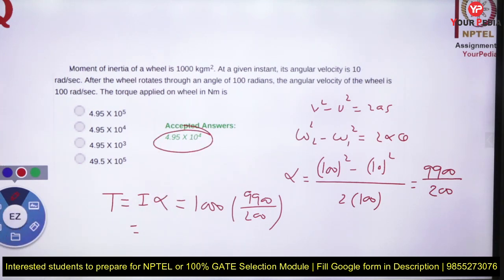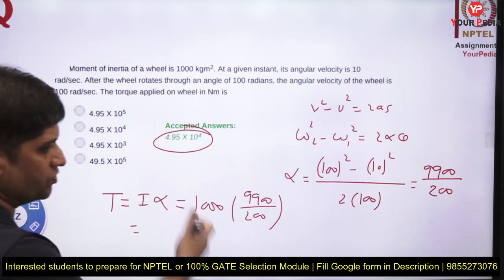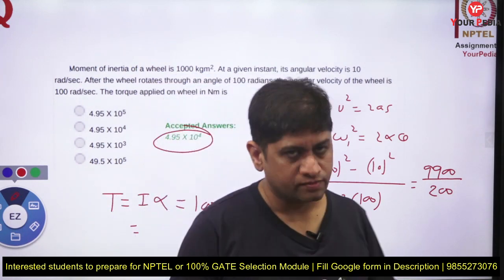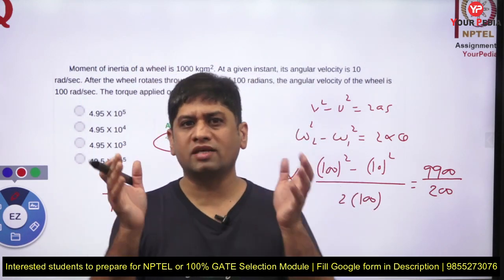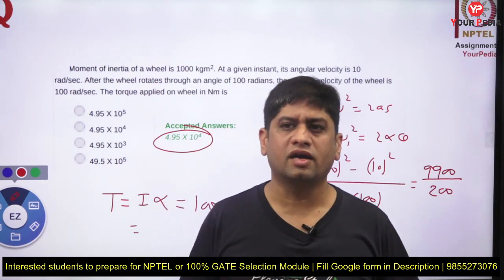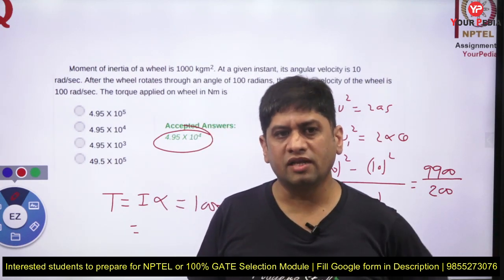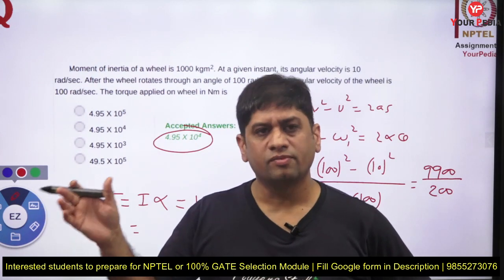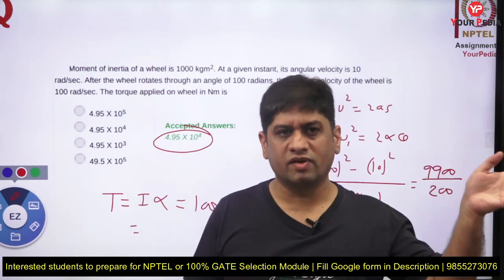Whenever you get a question of angular rotation, just think of making some kind of analogy, the way we made in this particular question. Analogy means think of what is there in linear motion and what analogous term we get in rotational motion. In linear motion, suppose we get velocity, then in rotational motion we get angular velocity.